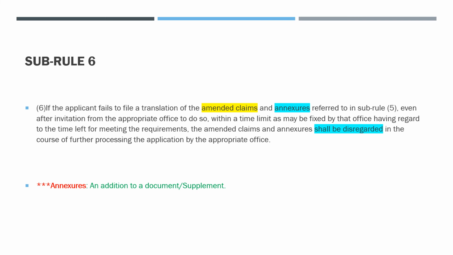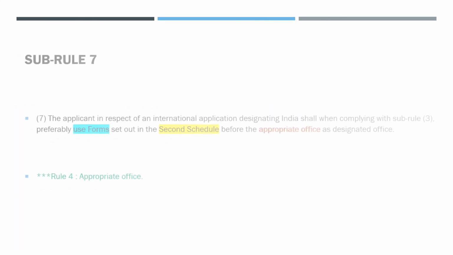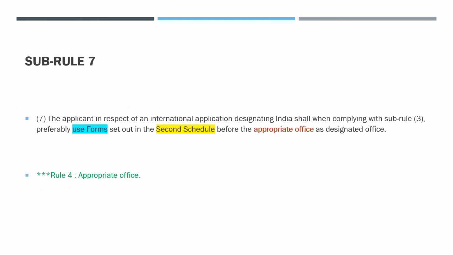So the next one is sub-rule 7. The applicant in respect of an international application designating India shall, when complying with sub-rule 3, preferably use forms set out in the second schedule before the appropriate office as designated office.